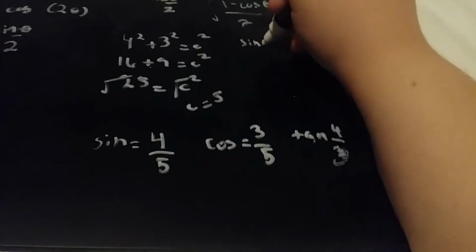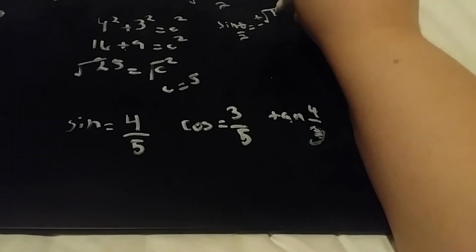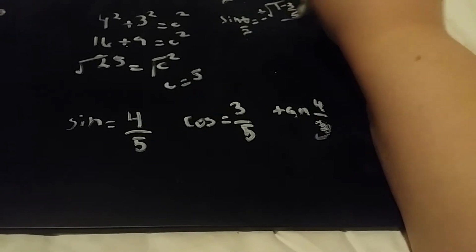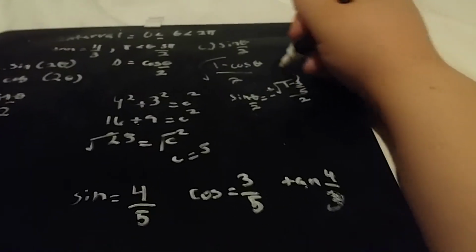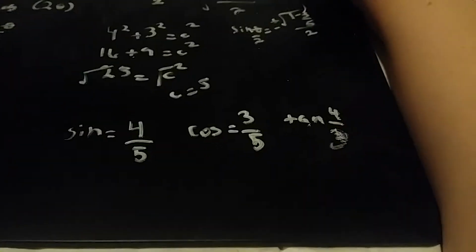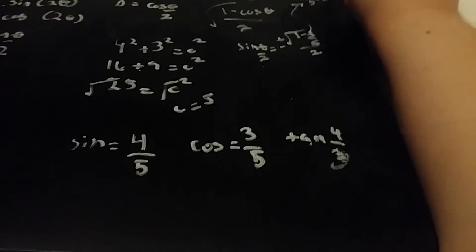After we plug in the numbers that we have, sine theta over 2 equals plus or minus the square root of (1 minus 3/5) over 2. We take the numerator, take it out, we solve for it. 1 minus 3/5 equals 2/5.